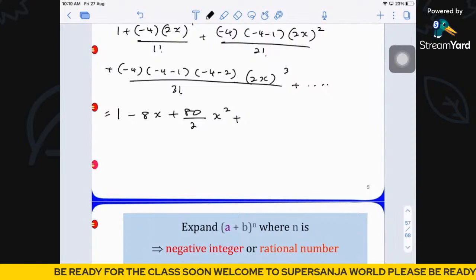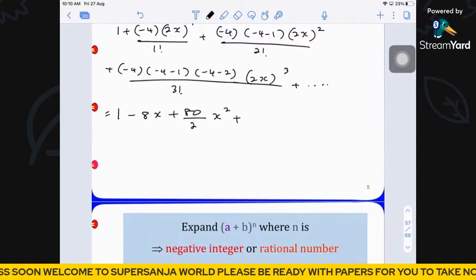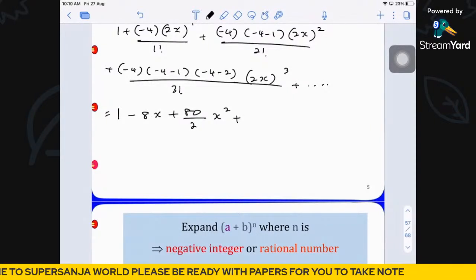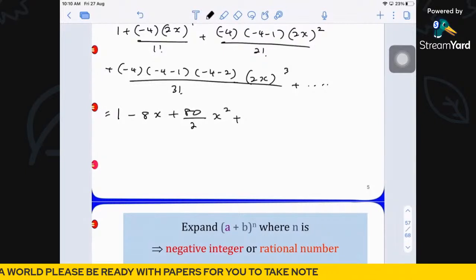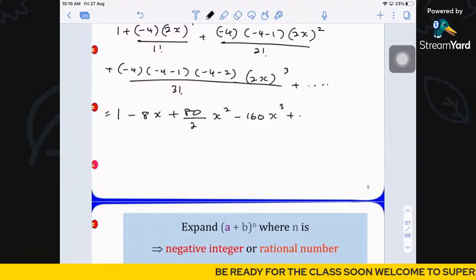Then you times negative 6 again and divide by 6 over there. So you get negative 20, then times 8 over there because 2 cube is 8. So here will become negative 160 x cube plus dot dot dot.